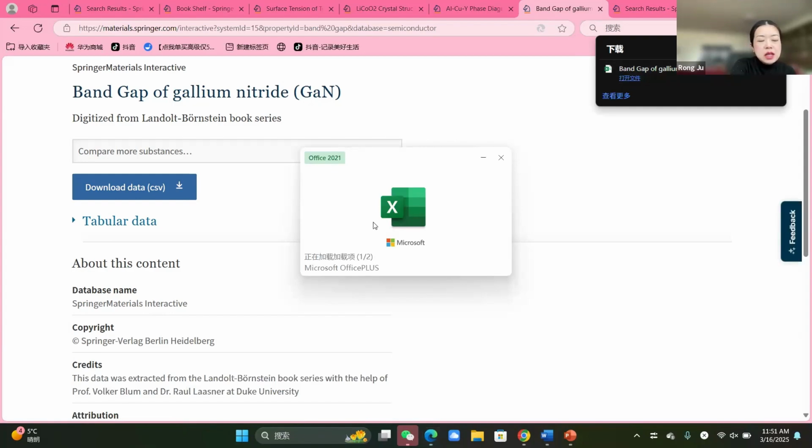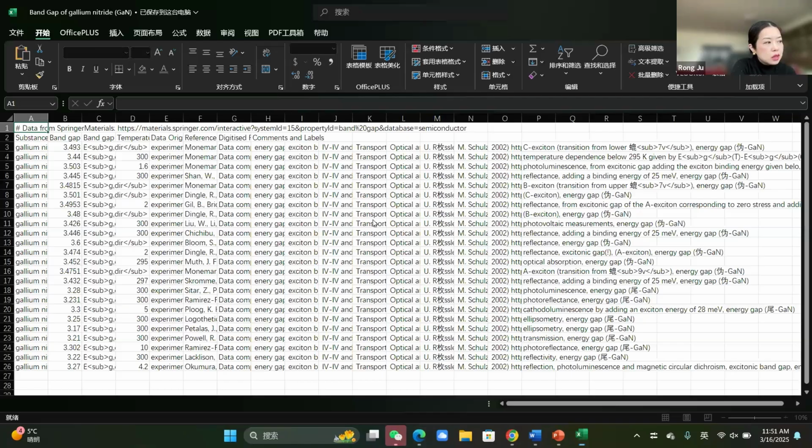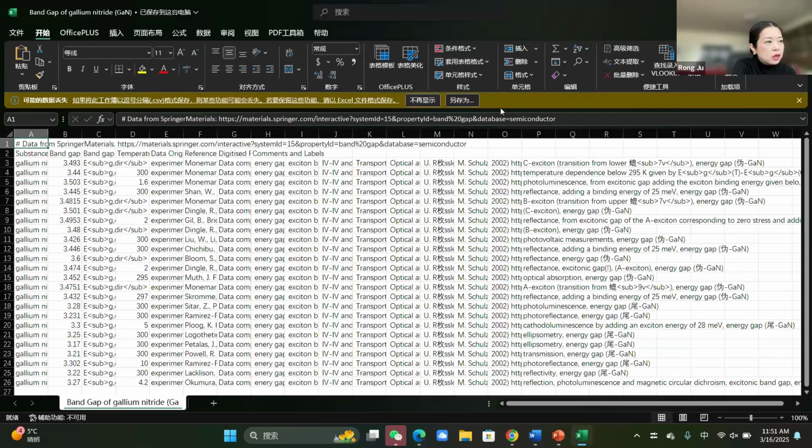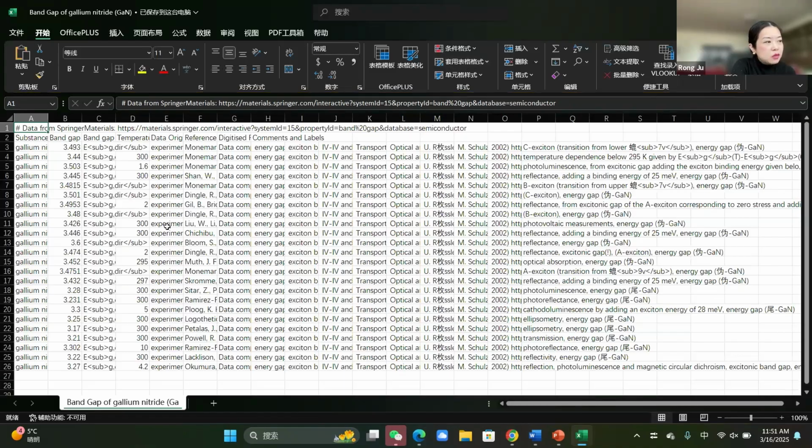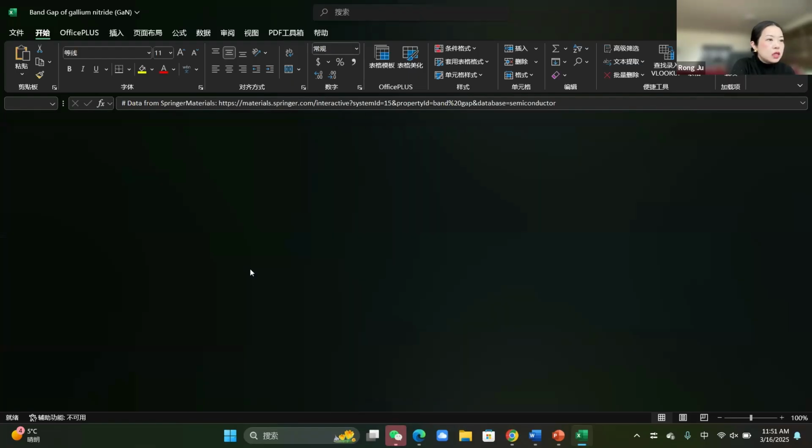It's already built in, especially if you are doing computational materials science. In this way, you can have a large volume of data with its original reference numbers and reference links. So it is very easy to use.